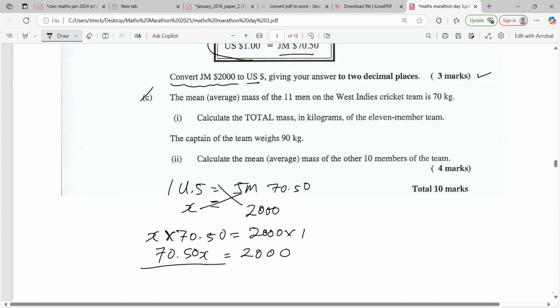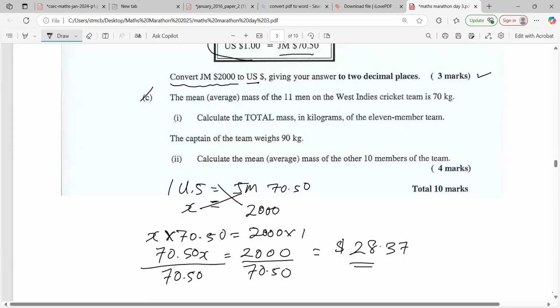So we divide by the 70 dollars and 50 cents. So in US, everybody wants US money, so we have to learn to calculate it. All right, so everybody gives me $28.37. So that will give you 3 marks, guys.